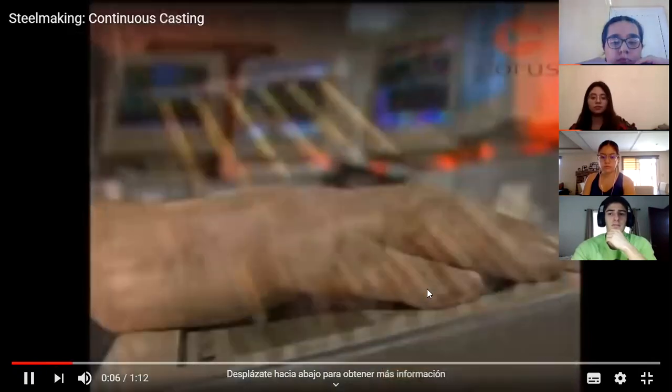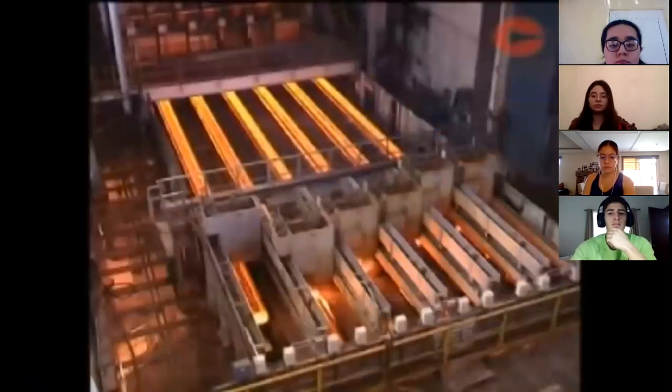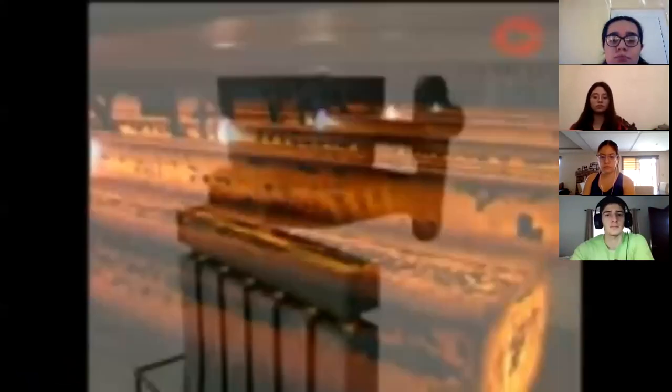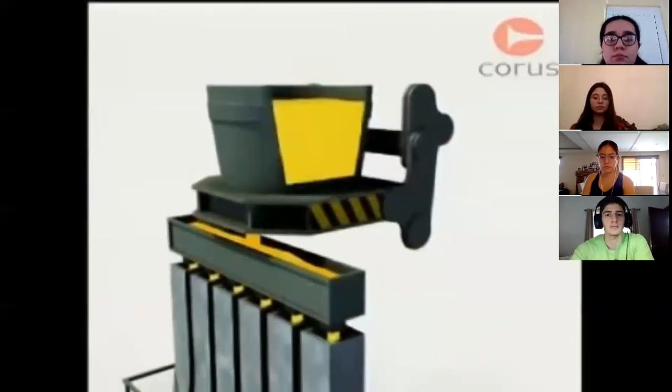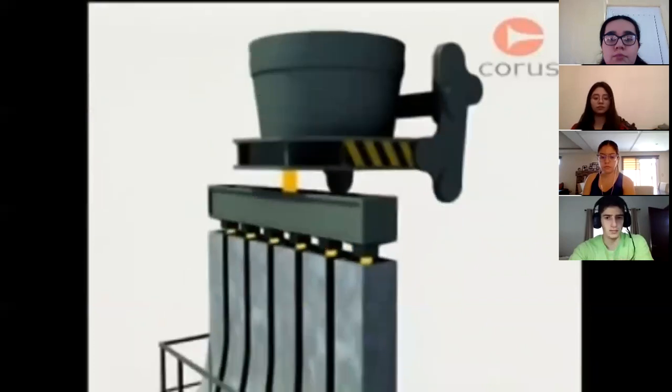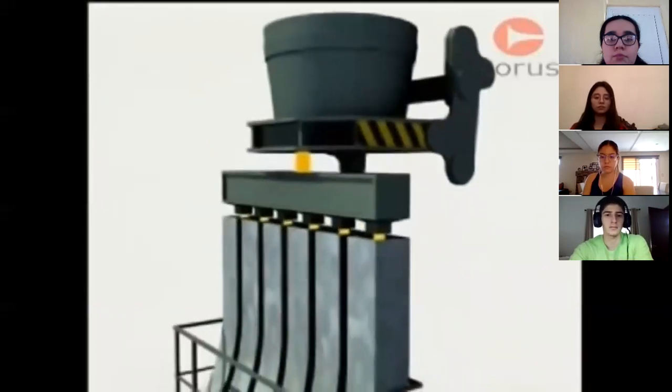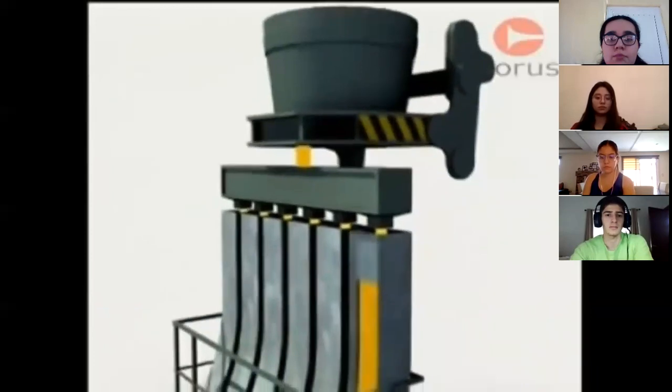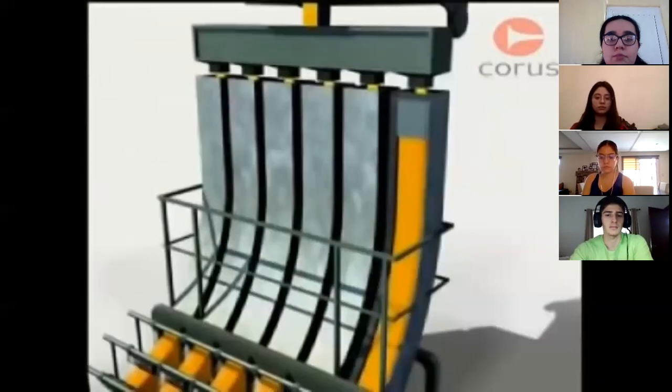Continuous casting is the process used to solidify the molten steel ready for shaping into a huge range of final products. A ladle of steel is teemed or poured through a gas-tight refractory tube into a tundish. The tundish is a reservoir that allows the steel to flow at a controlled rate through further gas-tight refractory tubes and into a series of water-cooled copper molds.